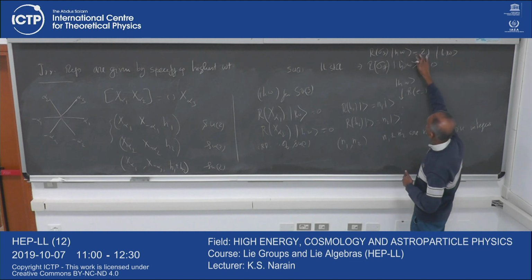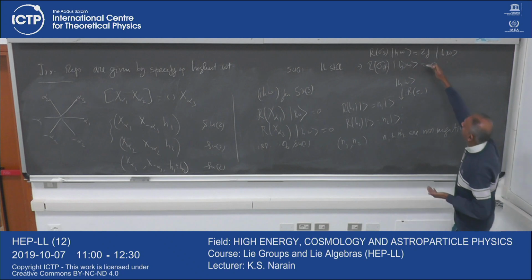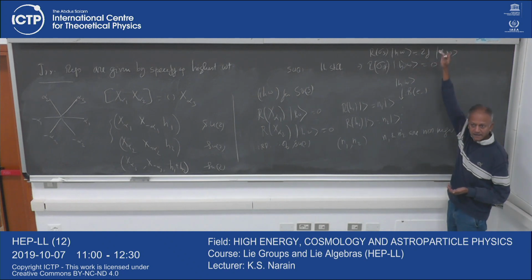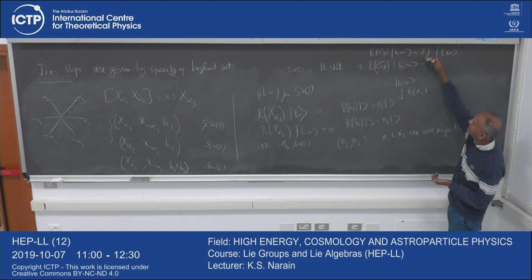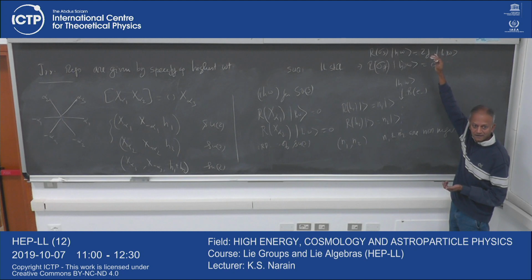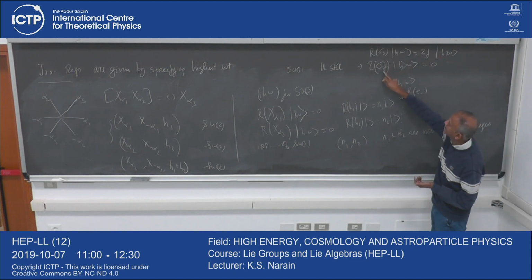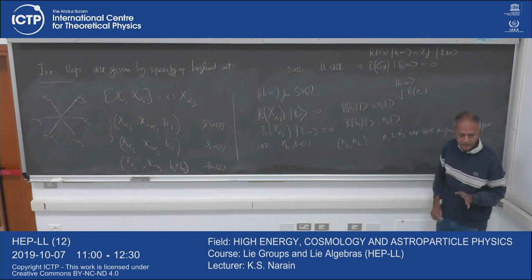Correct? But since we are talking about the raising operator, it is something which increases this quantum number, right? Lowering would decrease the quantum number. So when you say highest weight, that means it cannot increase further, because if I apply the raising operator here, that annihilates it. So in that representation, there's a maximum, highest value, right? So that's why it's non-negative.